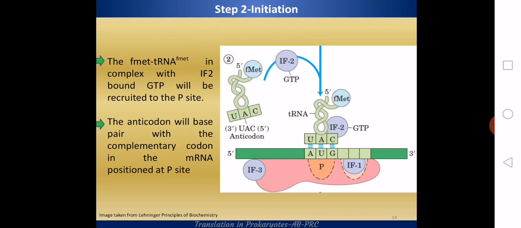And as a second step, the codon anticodon will interact further to form a complementary pairing, and that holds the tRNA precisely in the P site. This is the second step of initiation. Clear? So the fMet tRNA complexed with IF2 GTP will be positioned into the P site.